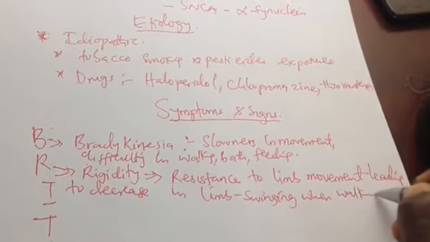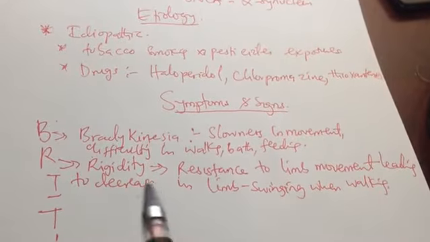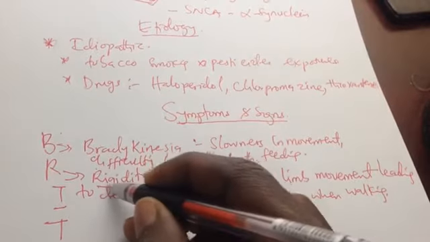In a normal person, the limbs swing at the sides when walking, but in a Parkinson's disease patient, due to this rigidity, there is a decrease in their swinging of the hand.